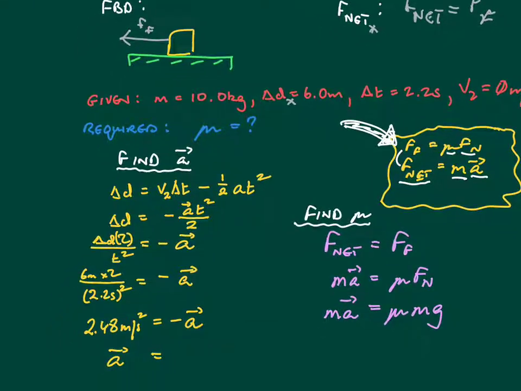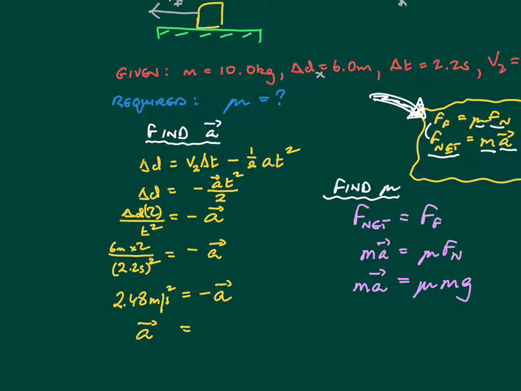First thing we're going to do is find A. We're going to look at the old reliable, the kinematics equations. And we're going to realize that we have delta D, delta T, and V2. So the one to use is this one. And then we'll do a little bit of algebra, and we will solve for A. It is a good idea to rewrite this perhaps by saying that delta D is equal to negative AT squared over 2.